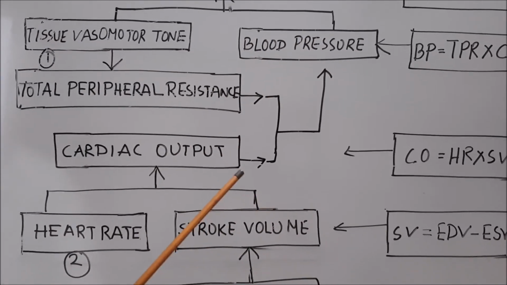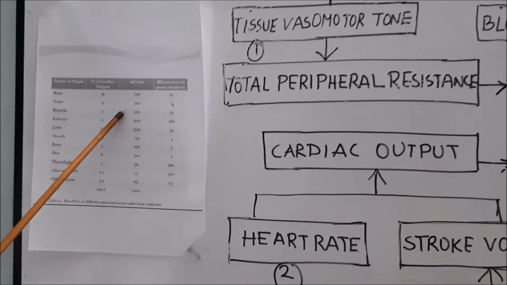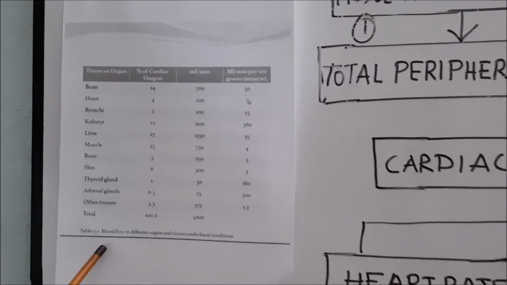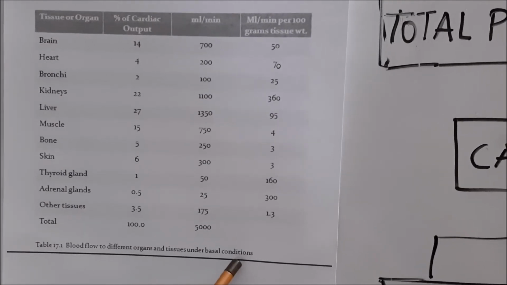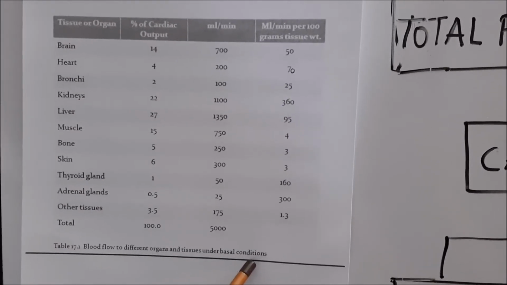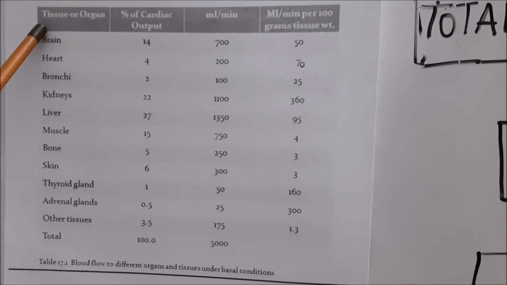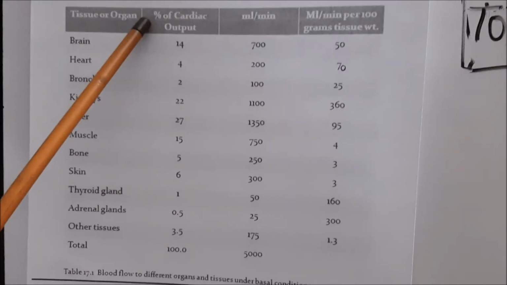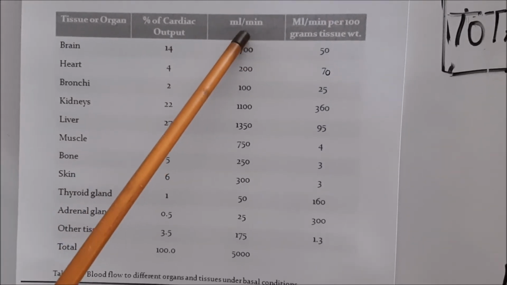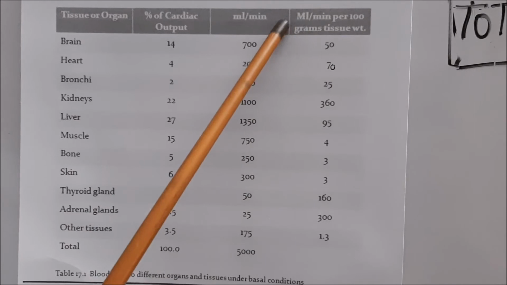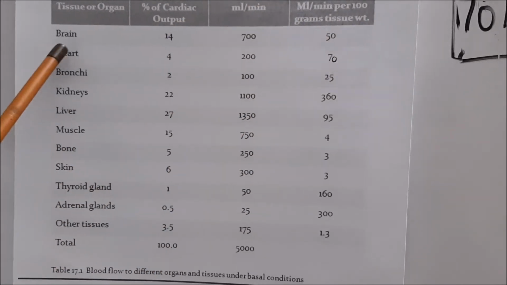Now come to another slide. I am showing the slide of blood flow to different organs and tissues under basal conditions. It is very important and you have to remember this always. This shows the tissue or organ, percentage of cardiac output, milliliters per minute, and milliliters per 100 gram of tissue.